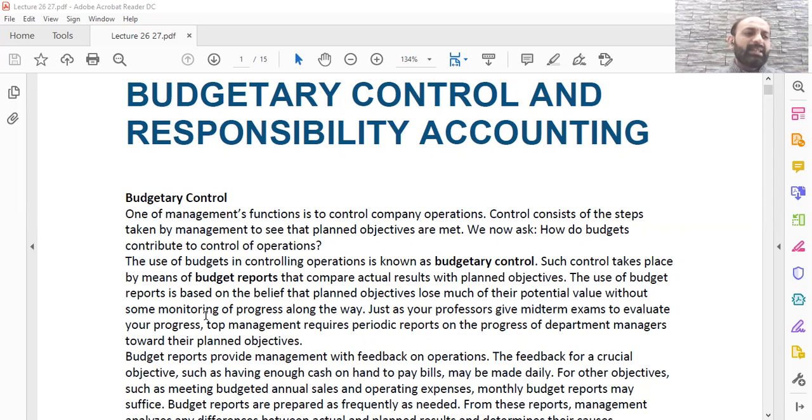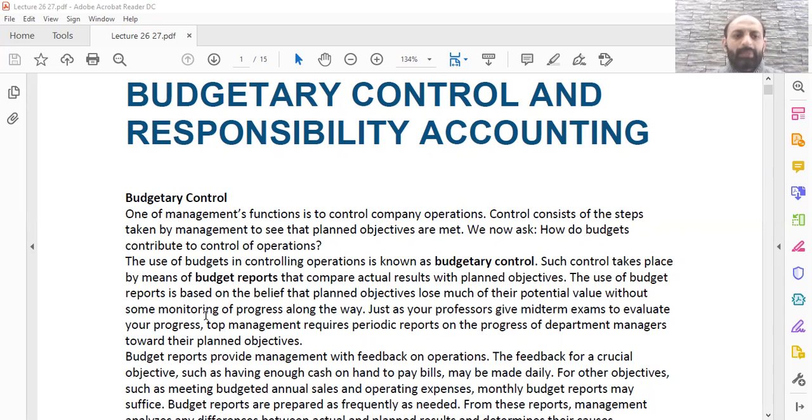Once you have made the sales budget, and for example, the sales budget is for the financial period of 2021, we can compare the budgeted sales figure for the first quarter of 21 against the actual figures that we achieve. So that will be called using the budget report to evaluate your performance.